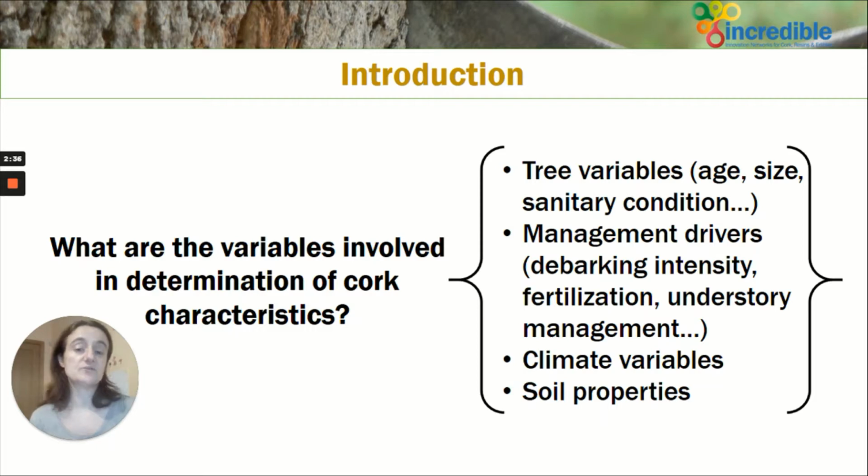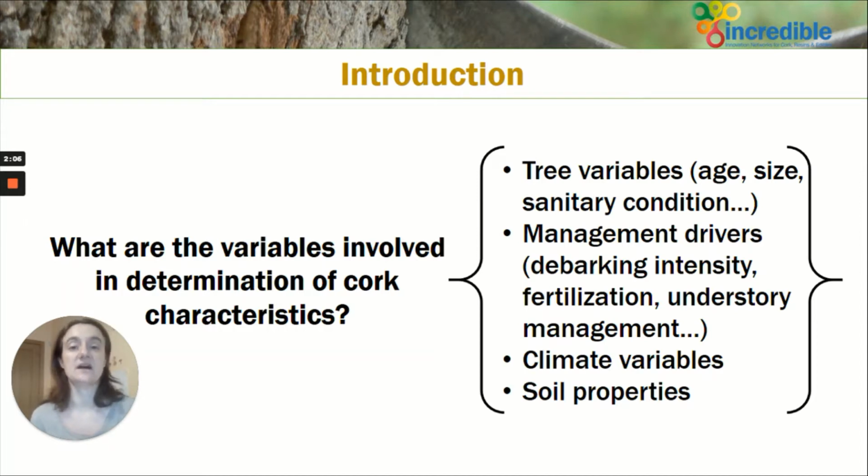We are considering different groups of variables: tree variables, for example, the tree age, that frequently we don't know, and tree size variables, and usually we use those as proxies for the tree age. The sanitary conditions, management drivers, mainly related to understory management, soil management, and the debarking management.